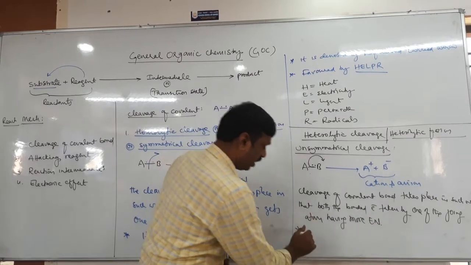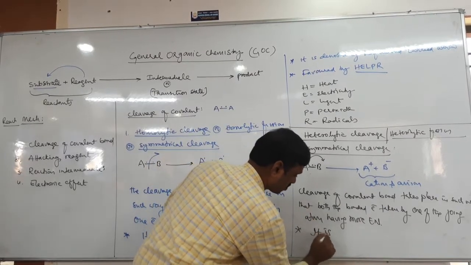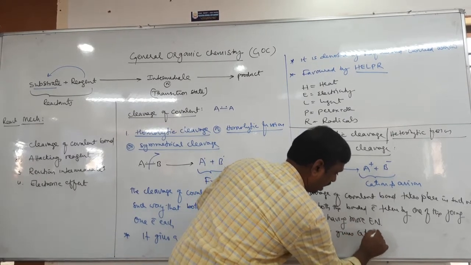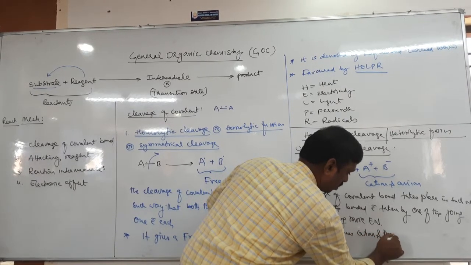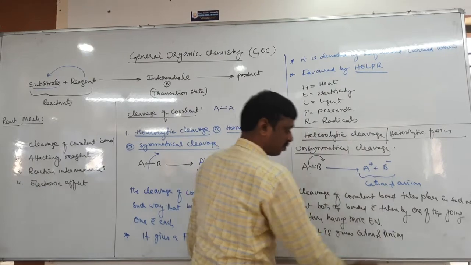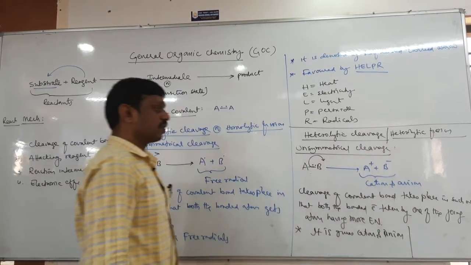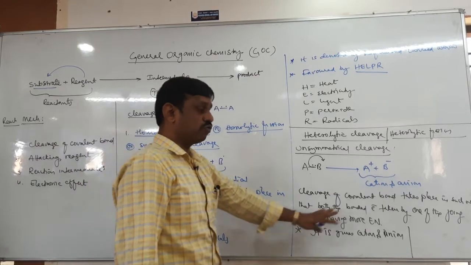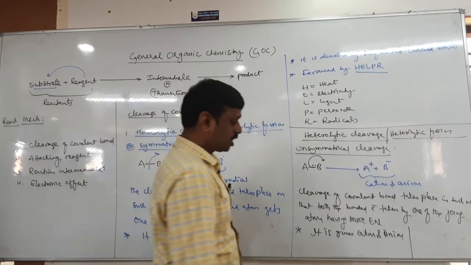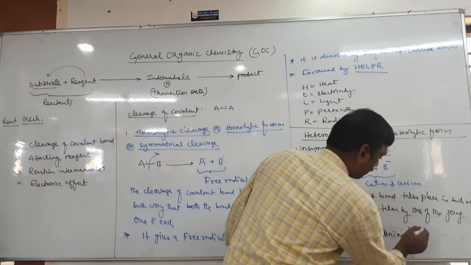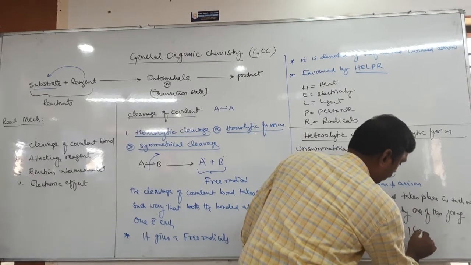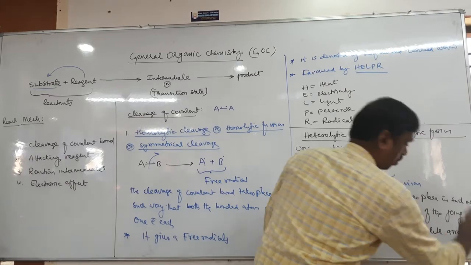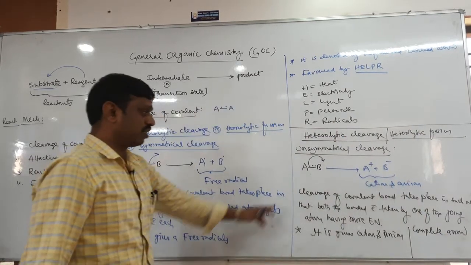So therefore, unsymmetrical cleavage always gives cation and anion. Next point, it is denoted by a complete arrow like this.